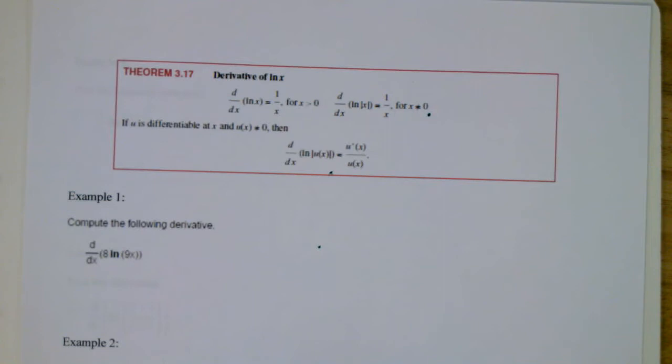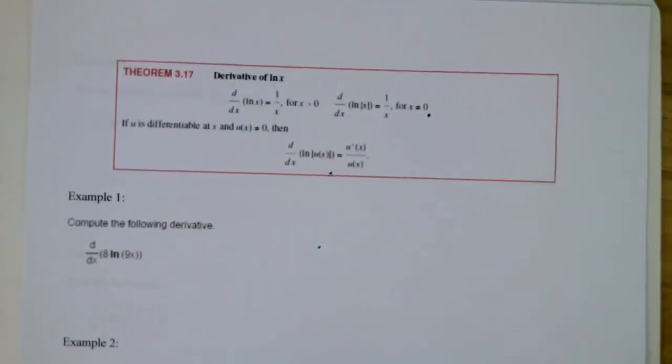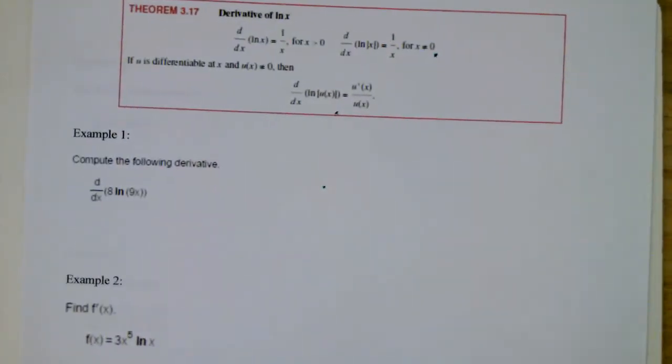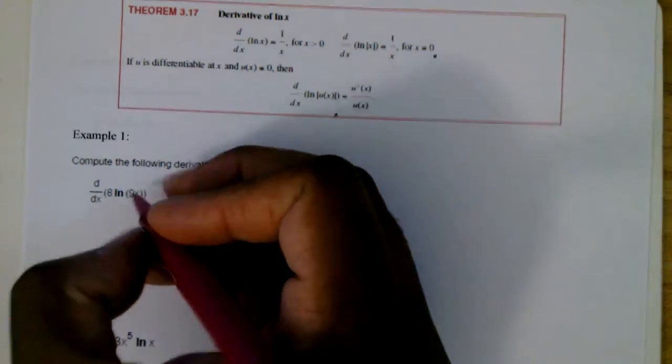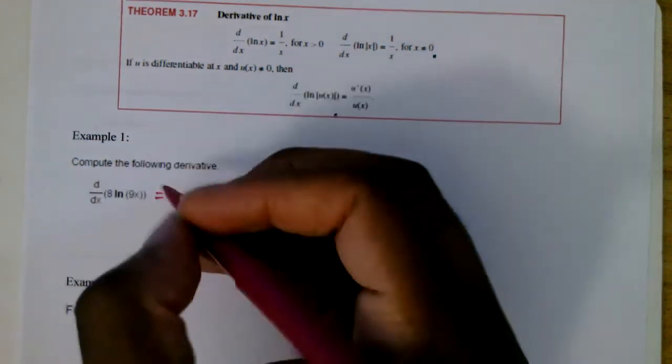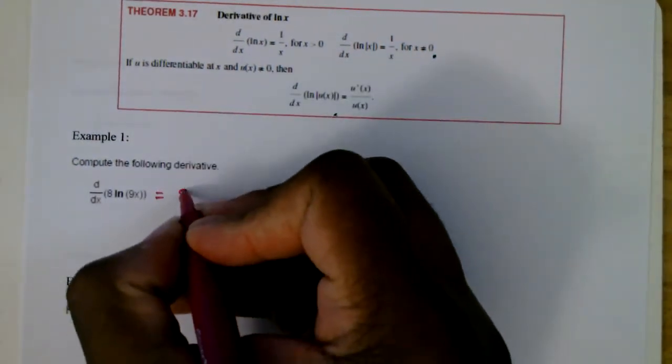Starting with example number 1. In this case here, we're going to find the derivative with respect to x of 8 times ln of 9x. So if we take the derivative of 8 times the natural log of 9x, here we bring the constant that's in front of the ln over.